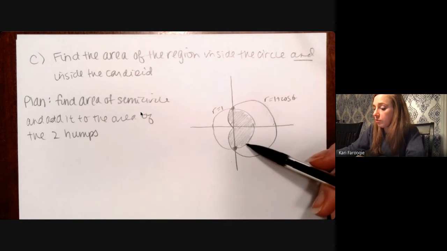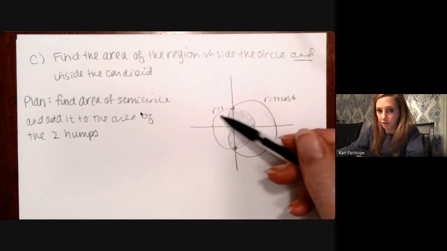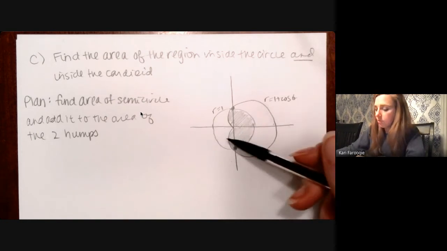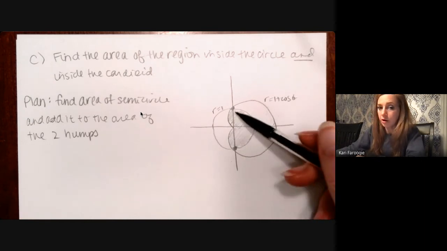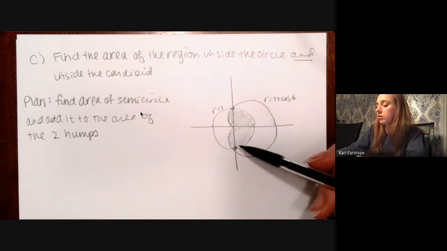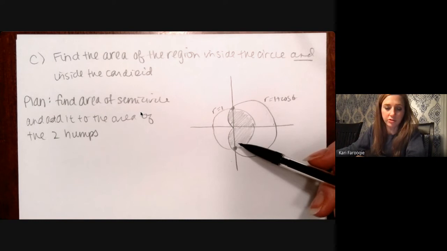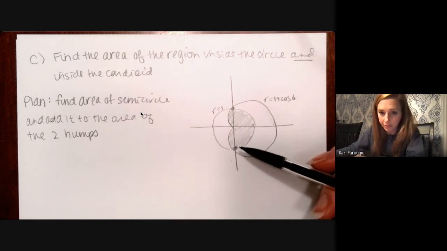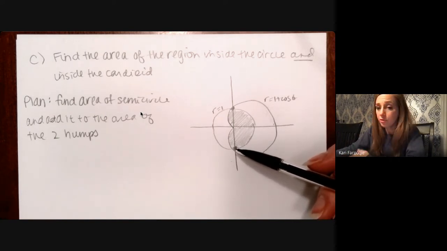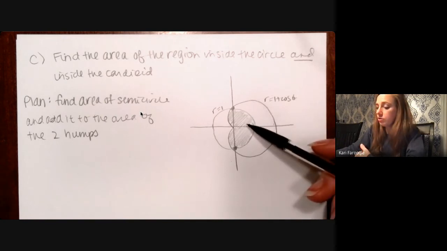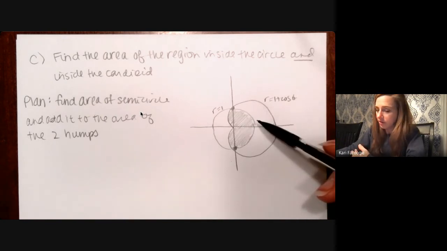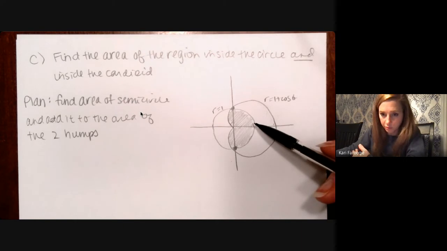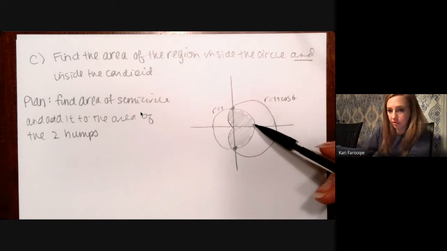So we know that if it was the whole circle, r equals 1, the area would be pi r squared, but it's only half of that. So it's 1/2 pi r squared. If r is 1, that's just 1/2 pi. I'm going to do this though using calc. So use geometry if you'd like on your test. I'm okay with that. If it's a circle, no big deal. But I'm going to use calc.